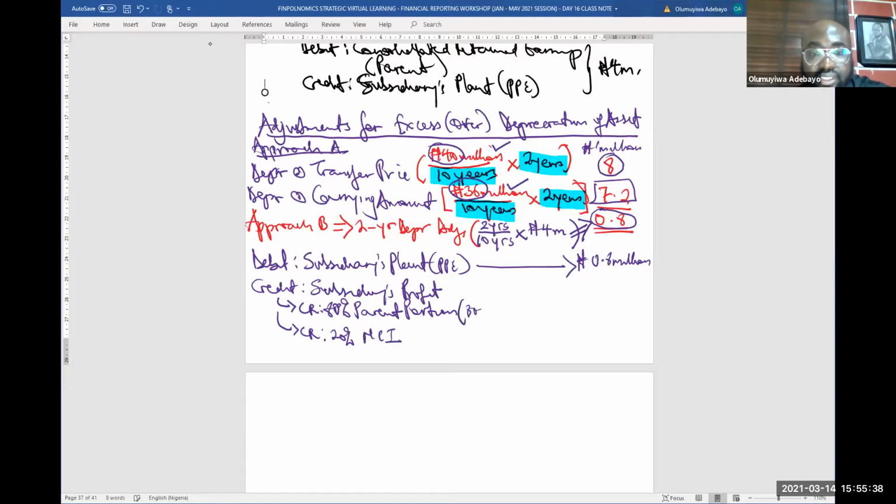NCI. 80% of 800,000 should be 640,000, which is 0.64 million. 20% of 800,000 should be 0.16 million, which is 160,000. And that's what we are talking about.